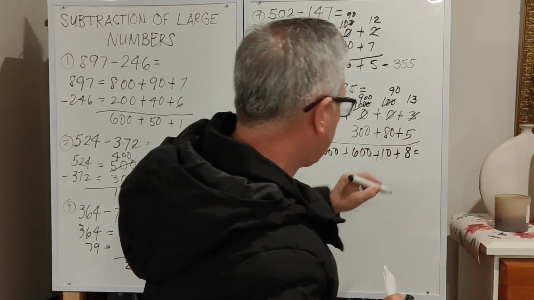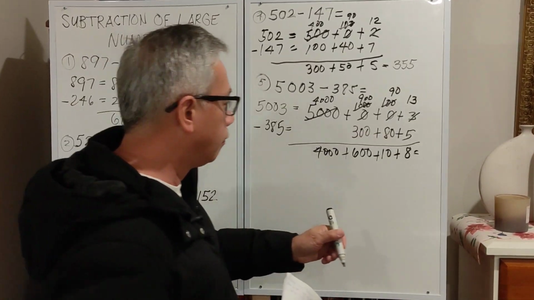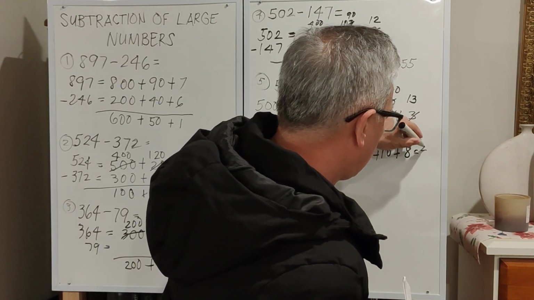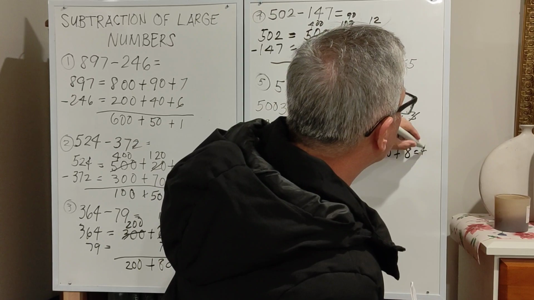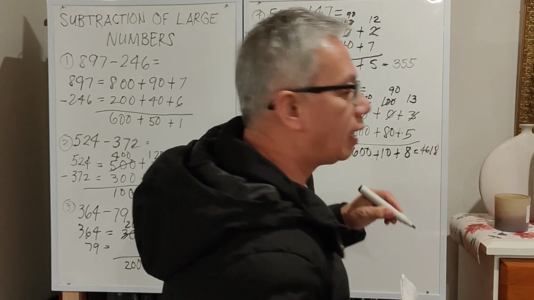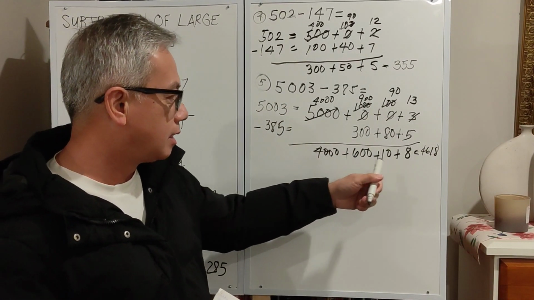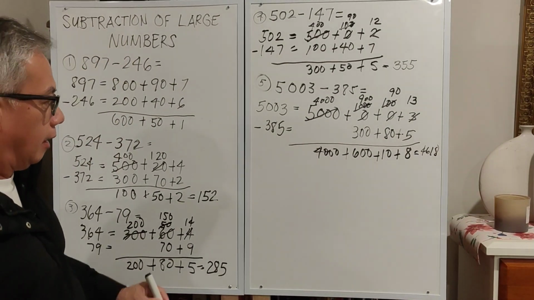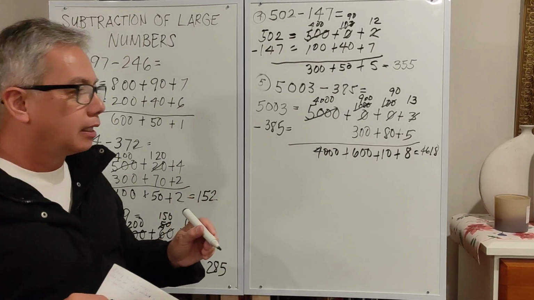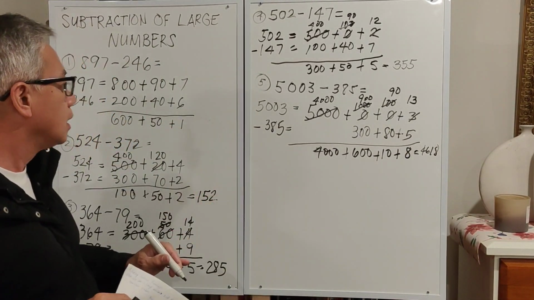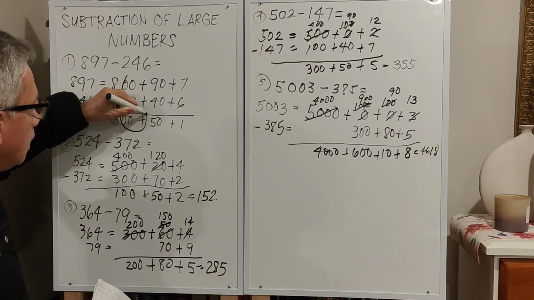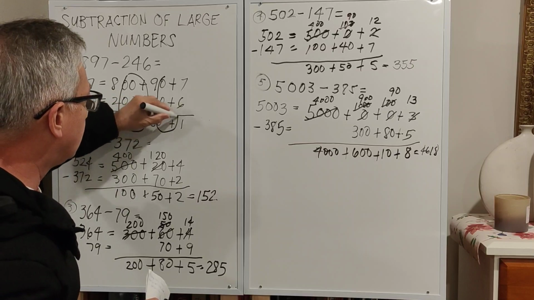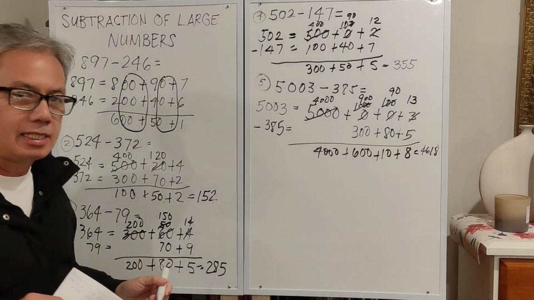So if we combine that, it will become 4,618. Now we can do a shortcut on all of this by removing the zeros and the plus. It will leave us only the digits.